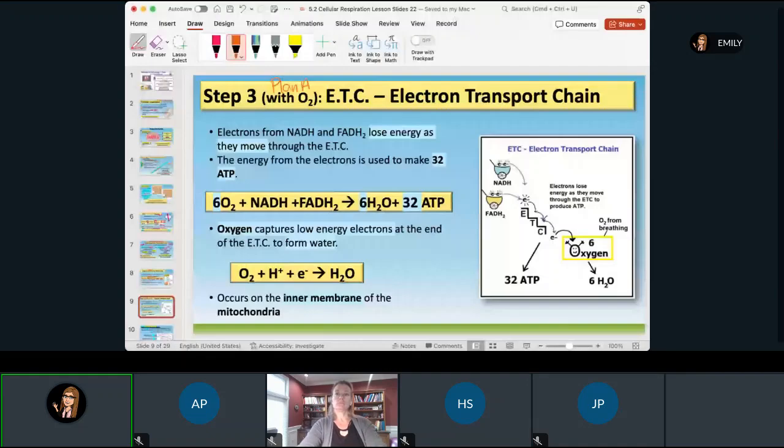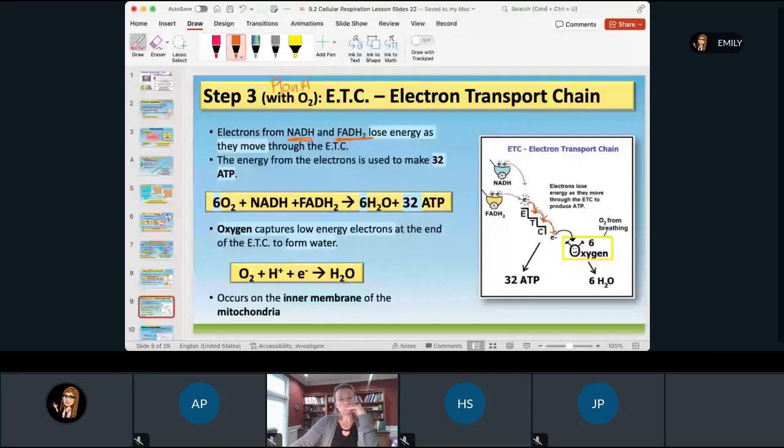The electron transport chain produces a lot of ATP. So the electrons from NADH and FADH2 lose energy as they move down this electron transport chain. FADH2 and NADH are dropping off their electrons and their hydrogens, and they're moving down this train.